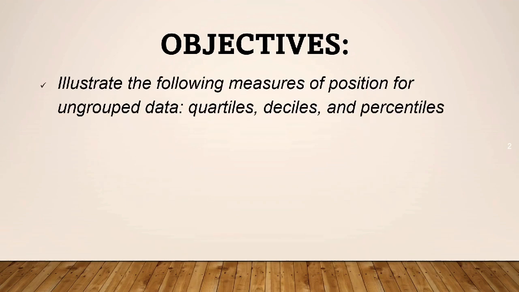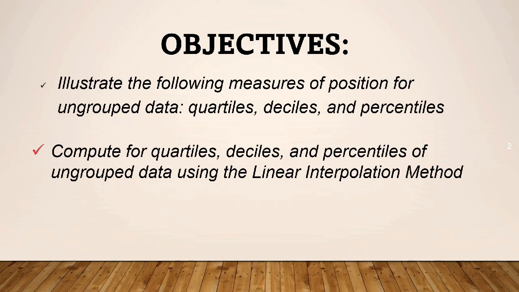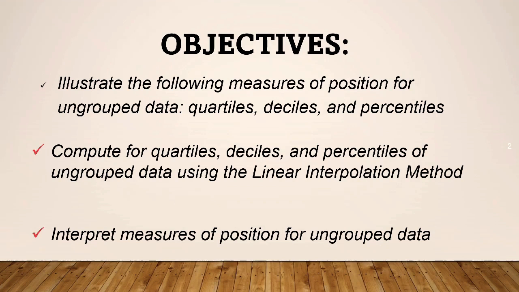Number 1, illustrate the measures of position for ungrouped data, namely quartiles, deciles, and percentiles. Number 2, compute for quartiles, deciles, and percentiles of ungrouped data using the linear interpolation method. And number 3, interpret measures of position for ungrouped data.